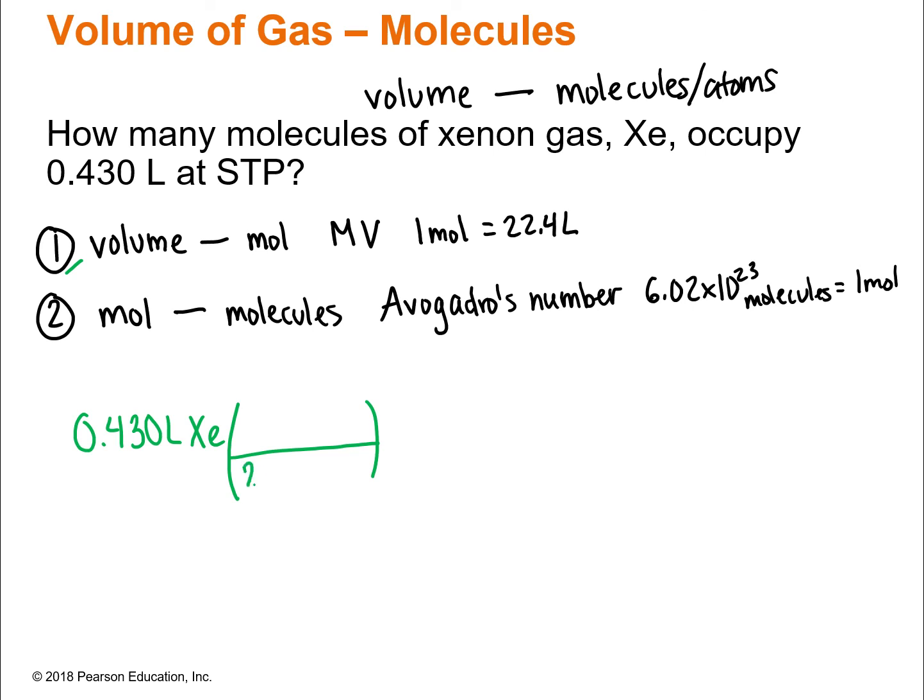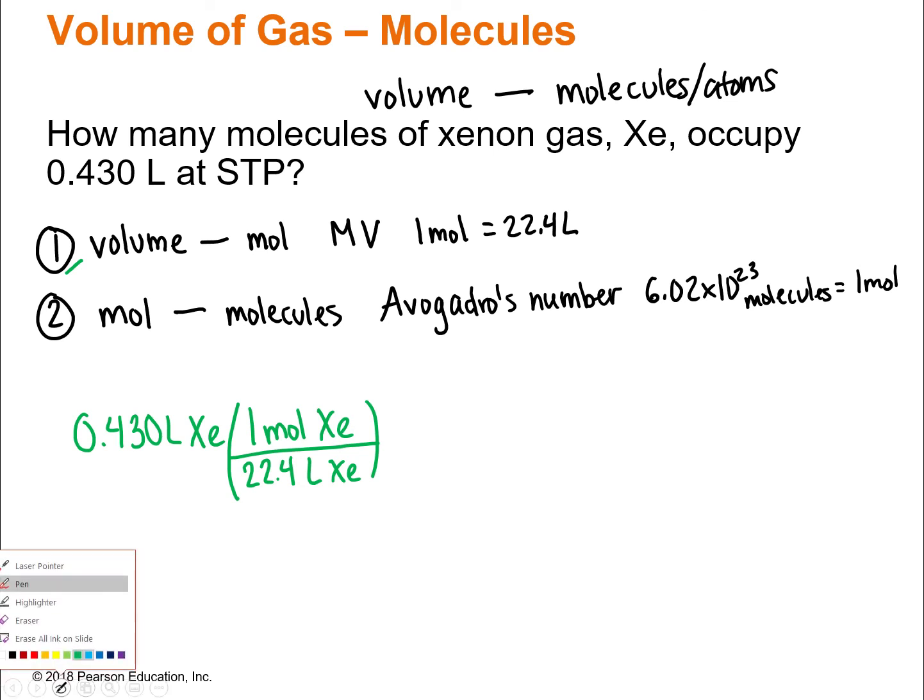We're going to put it on the bottom, because we're trying to get rid of those liters. Don't forget that on top, we have 1 mole of xenon gas. To go from moles to molecules, we need a unit factor that has Avogadro's number. Where's his number going?